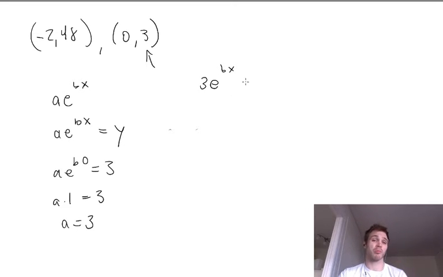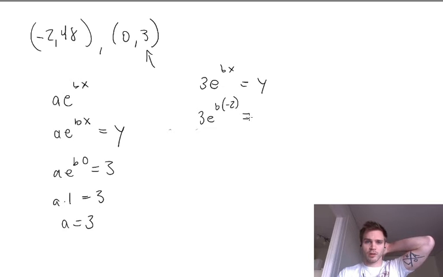Now we use the other point. This equals y. So we have 3e to the b times negative 2 equals 48. So let's take the natural log of both sides.